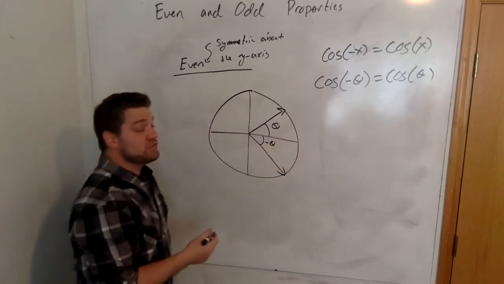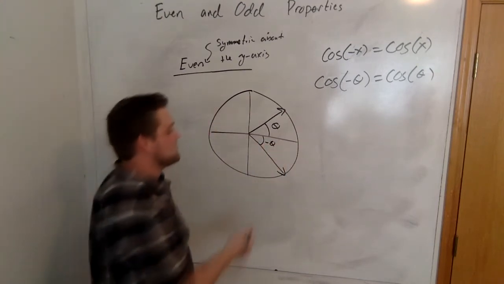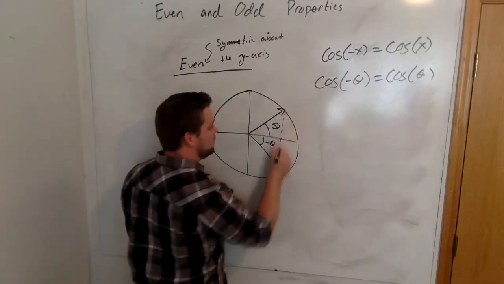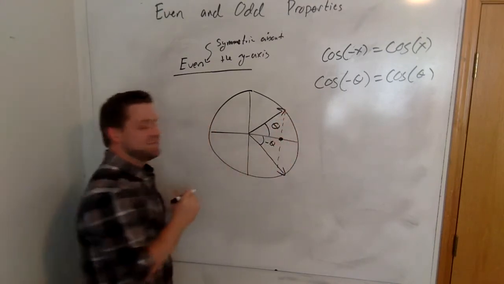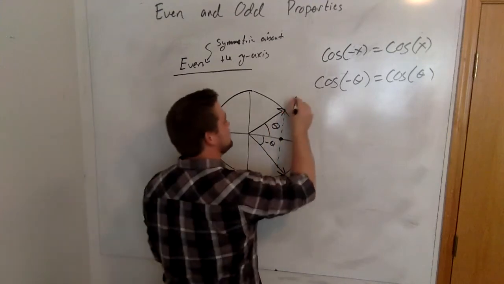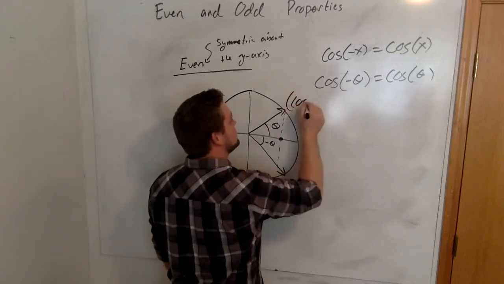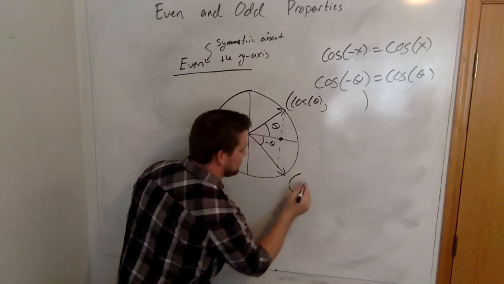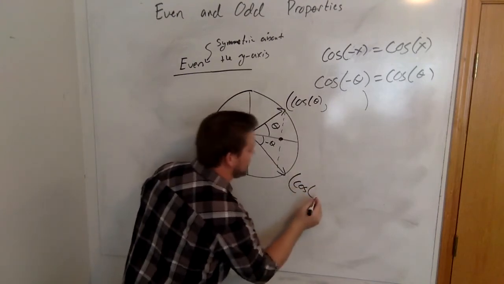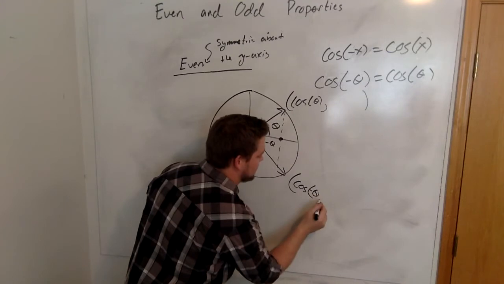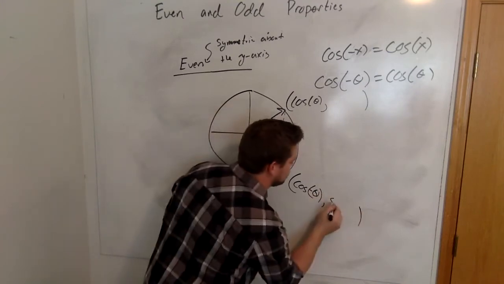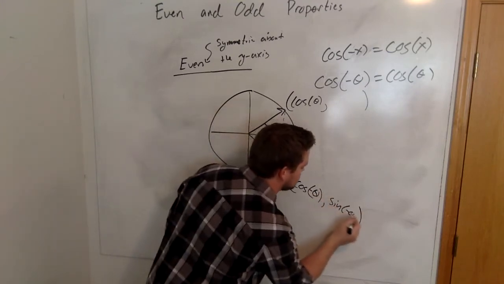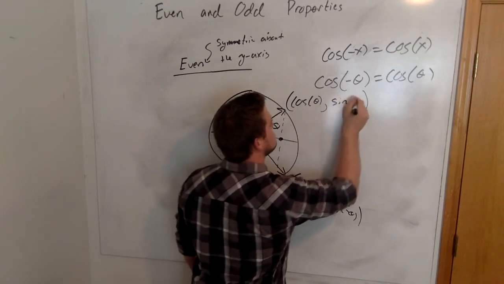Now remember what cosine measures. Cosine measures the x-coordinate. Notice, for both of these, they would give you the same cosine. So this here is the cosine of theta. This here would be the cosine of negative theta. And I guess I could put sine of negative theta here.